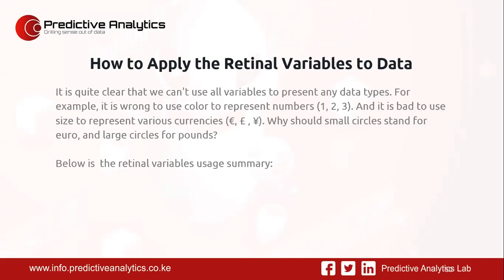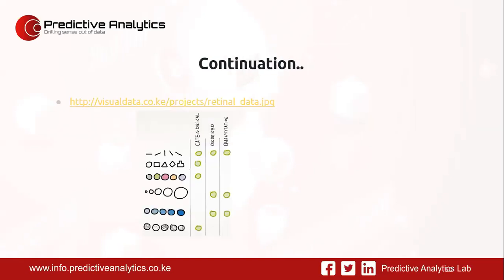Why would small circles stand for euro and large circles for pounds? It actually makes no sense because it doesn't represent size in any way. So below we have a summary of the usage of the retinal variables.